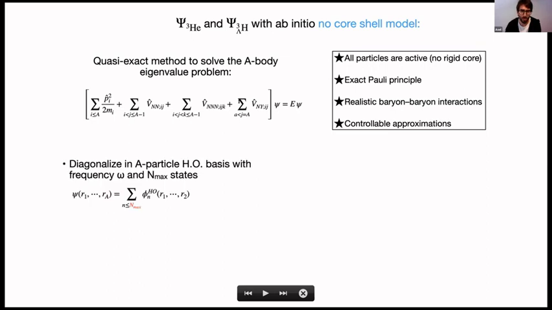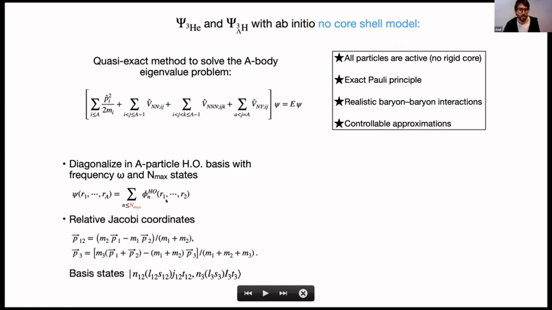So the no-core shell model uses the harmonic oscillator basis. It's defined by two values: the frequency of the harmonic oscillator, and because you want to diagonalize a finite matrix, you need to truncate the basis to include a finite number of elements. That's defined by Nmax.